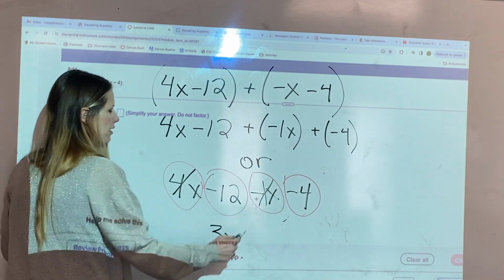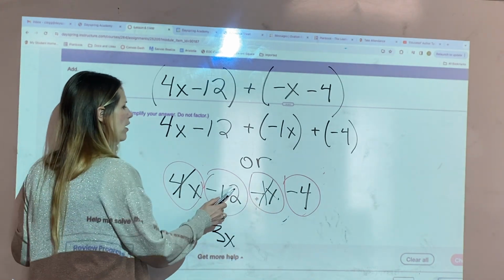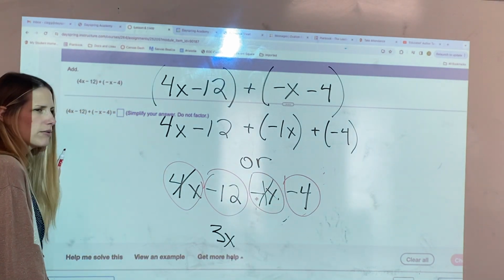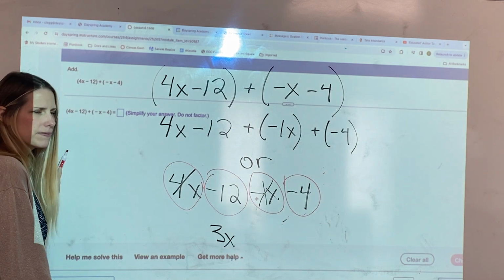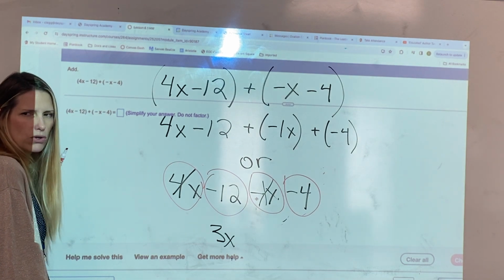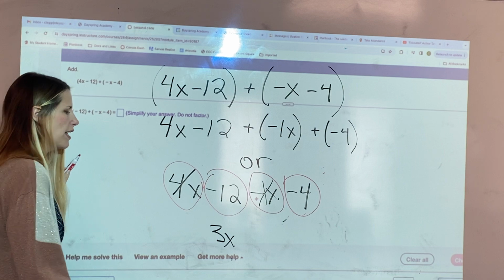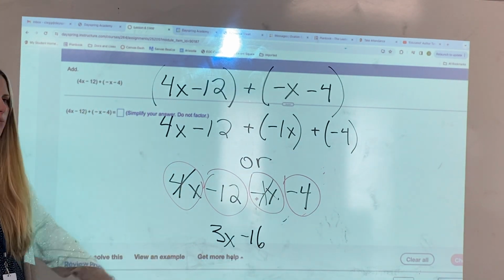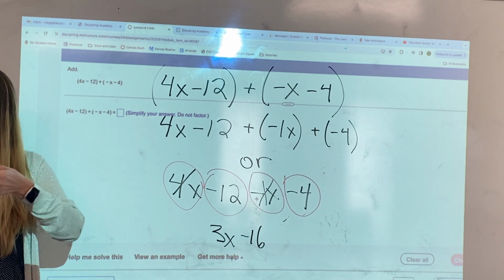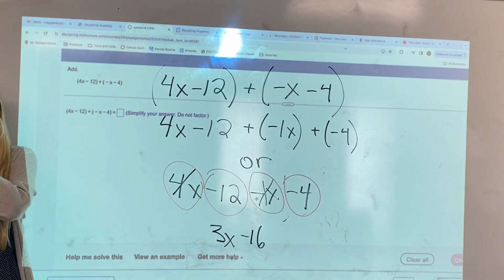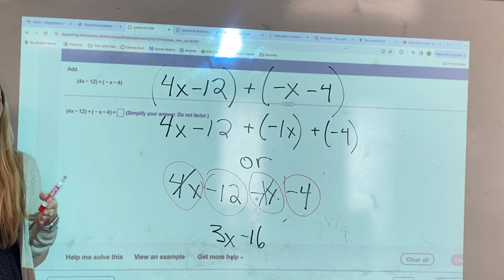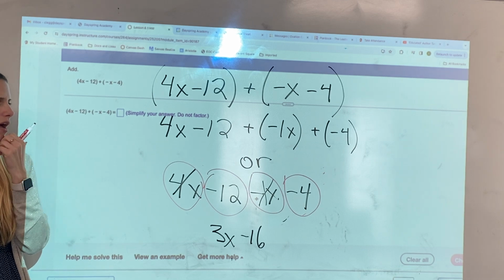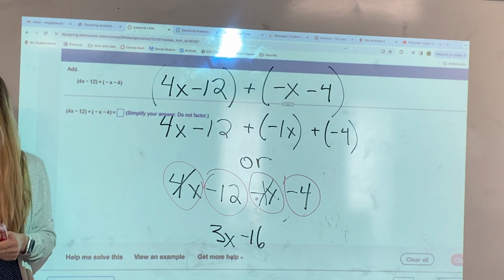Done and done. Then we have a -12 plus a -4. What is that? Thank you. -16. Check over your work to make sure it's in the correct format, which is degrees from greatest to least. And you're done.